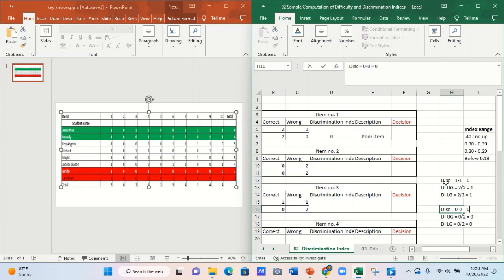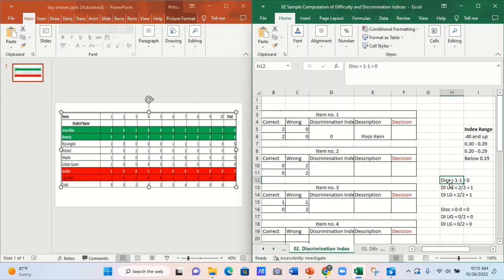Now class, observe that item number 1 and item number 2 both have 0 discrimination. However, there is a difference in terms of interpretation. In item number 1, the difficulty index is 1, and 1 minus 1.